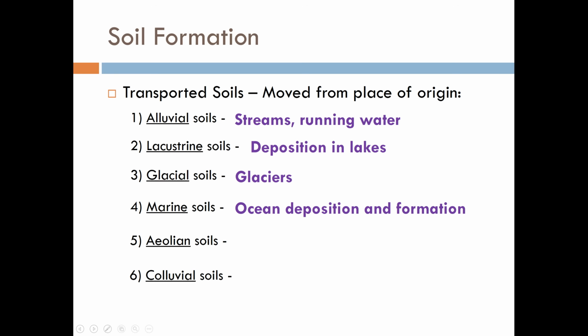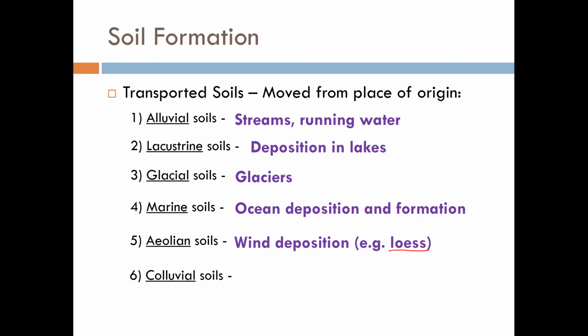Aeolian, this is a tricky one. Let's see if you got it. This is soil that's deposited by wind action. So dunes, those types of formations, are formed by the wind. An infamous type of soil that's deposited by wind is called loess. It looks like it's pronounced one way, but it's pronounced another. This is wind-blown silt.